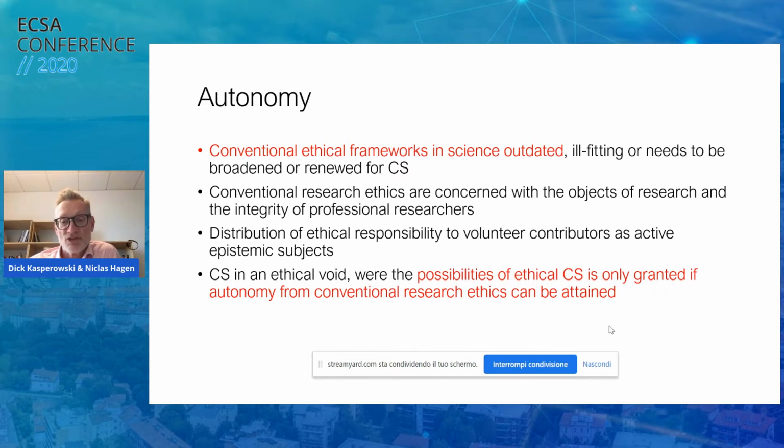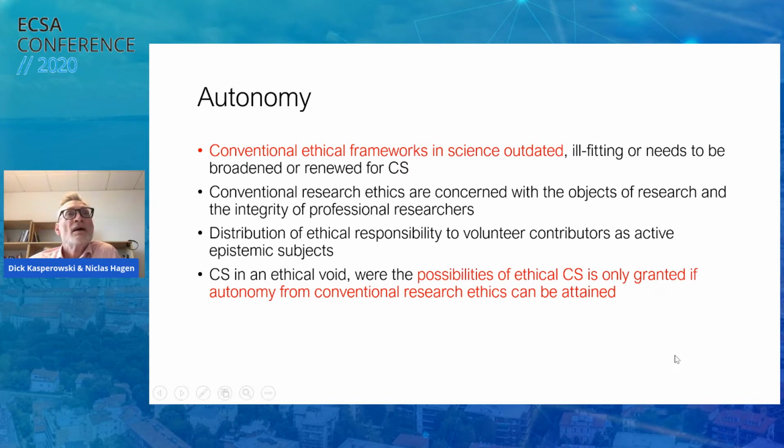The answer is both yes and no. Citizen science is then put into an ethical void, where the possibility of ethical citizen science is only granted if autonomy from conventional research ethics can be attained, as maintained by several of the researchers in our data. But how this is going to be done is quite uncertain at the moment. Next, please.